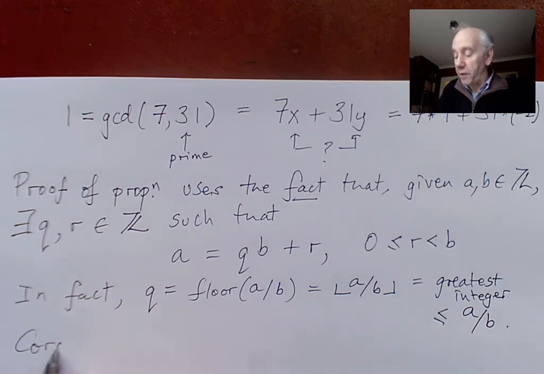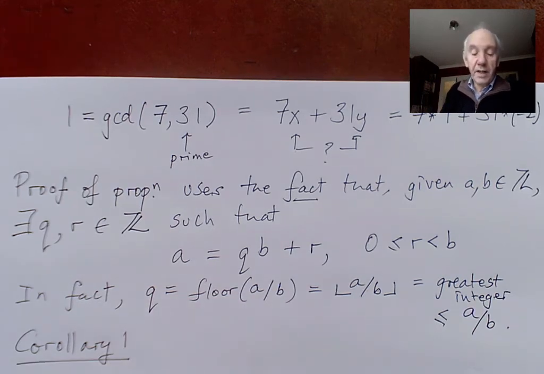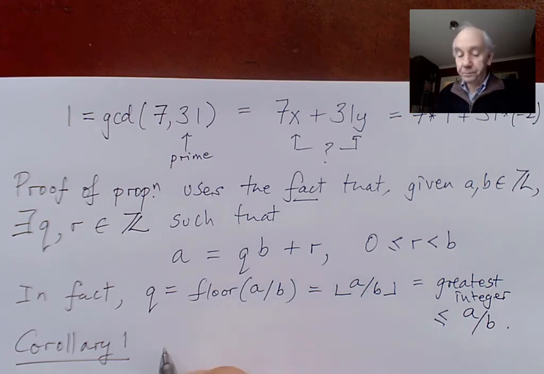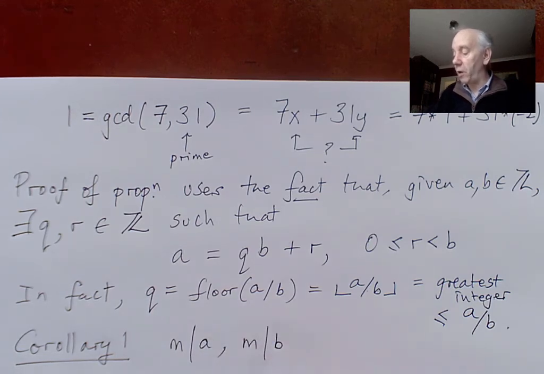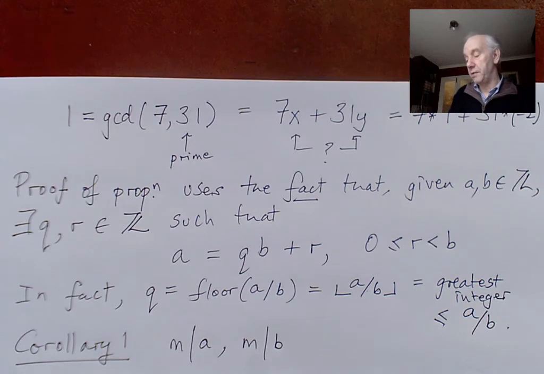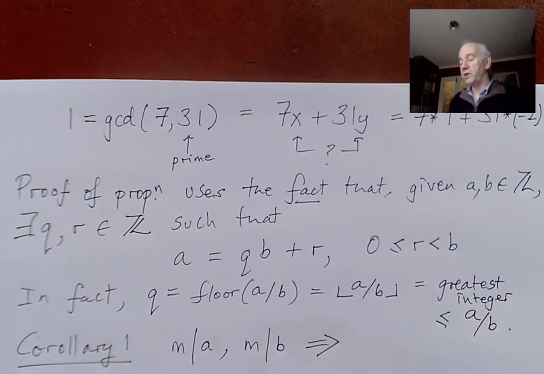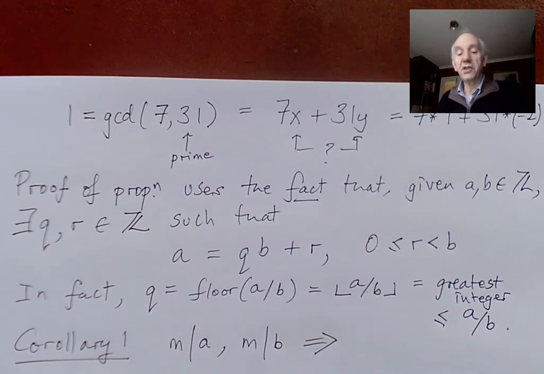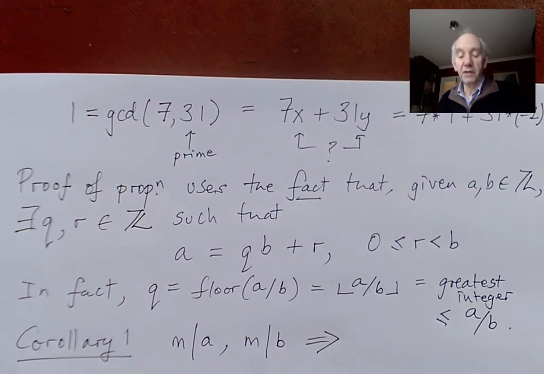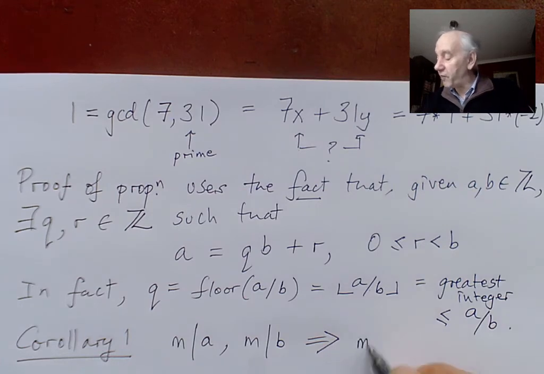So corollary 1 of the proposition is that, almost obvious, if we have m that divides a and m that divides b, so m is a common factor of a and b, in that case, of course, it might not be the greatest common factor, so we know it's less than or equal to the greatest common divisor, but we can actually say it divides the greatest common divisor.